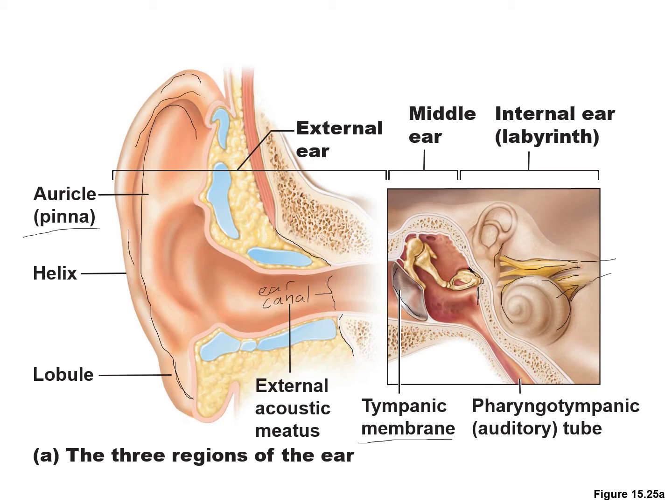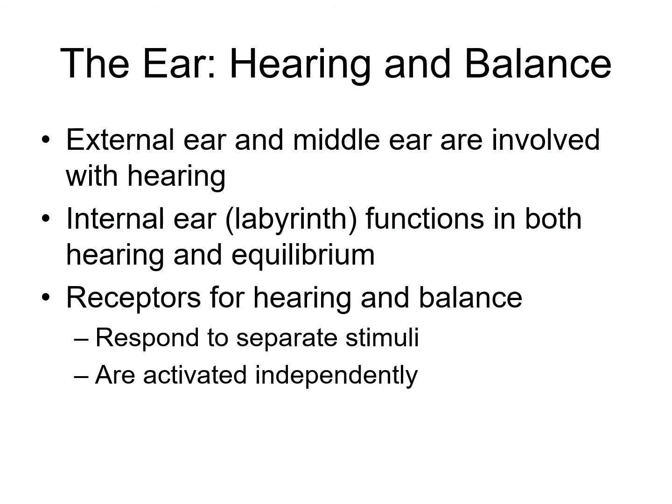I'm going to be talking to you a little bit more about the functions of each of these parts, and also giving you more details about how we actually are able to hear. Really, the external ear and the middle ear are involved with hearing, whereas the internal ear, the labyrinth, functions in both hearing and equilibrium. Our receptors for hearing and balance are separate sensory receptors, so they respond to different stimuli and are activated independently.